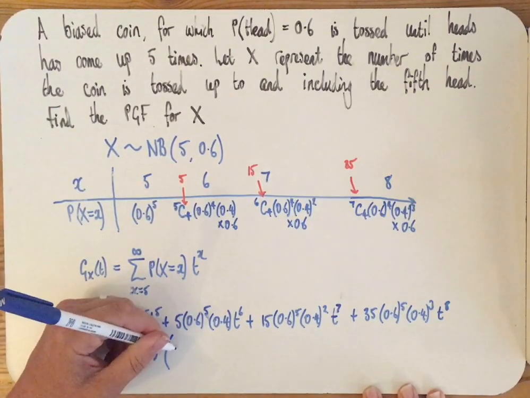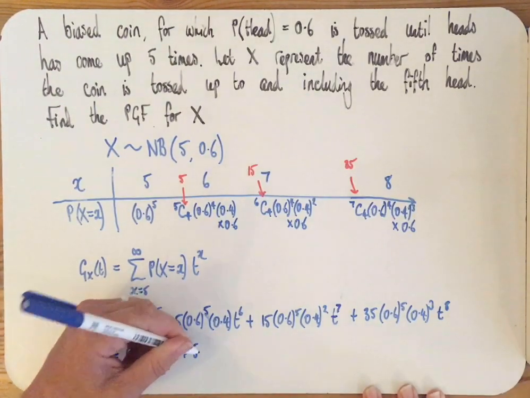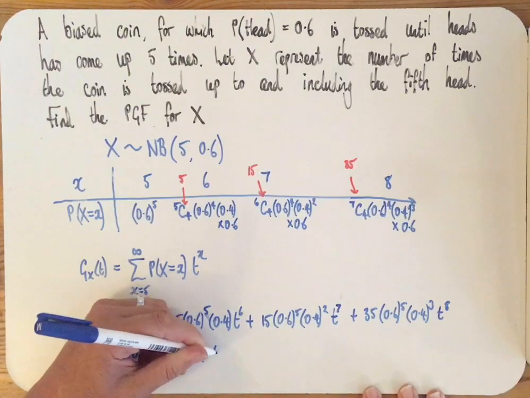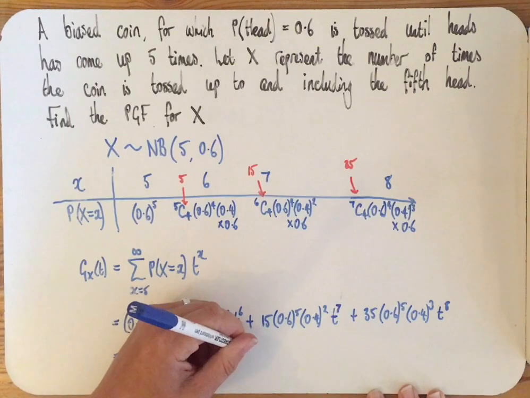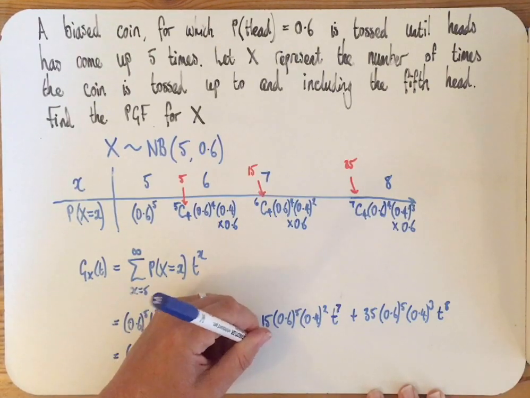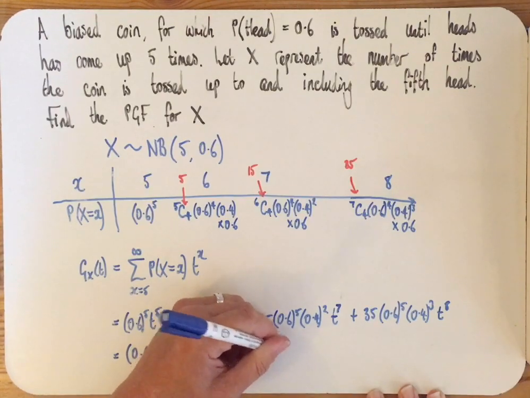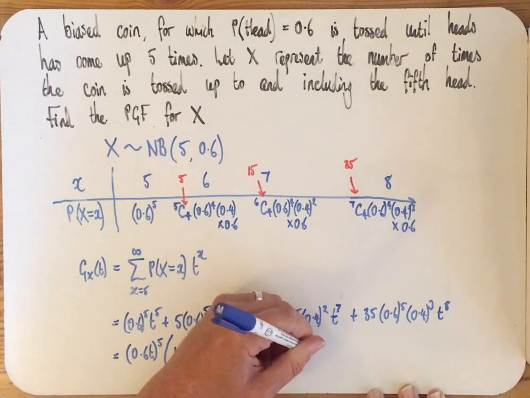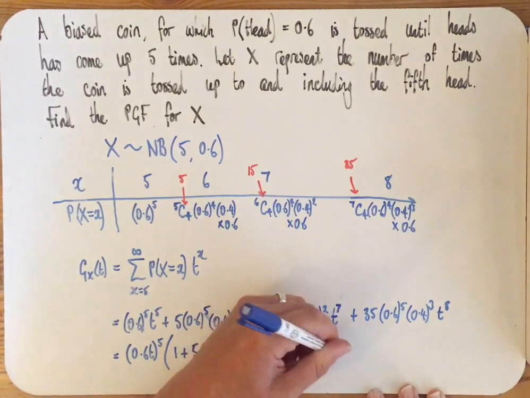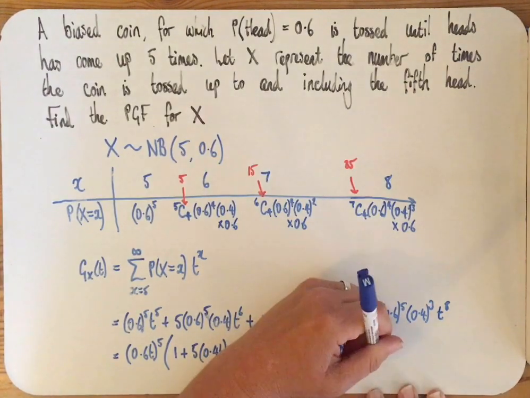And then that would give me 1 plus 5 lots of 0.4t, and then plus 15 lots of 0.4t squared, plus 35 lots of 0.4t cubed, plus.